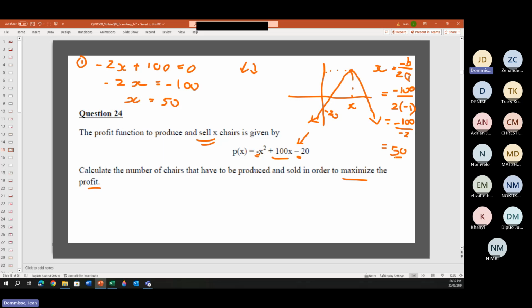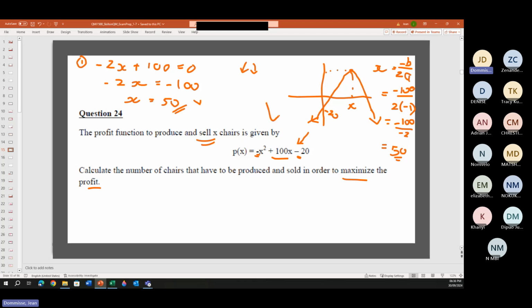Okay, so for this one, you could have actually worked it out with differentiation, which is right. But you could also have done it because it's a quadratic, and we know the maximum for the negative is at the turning point.